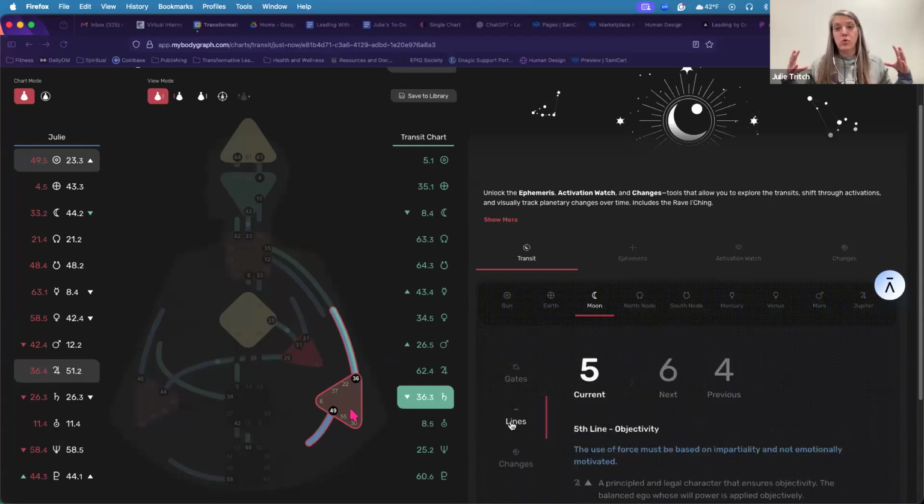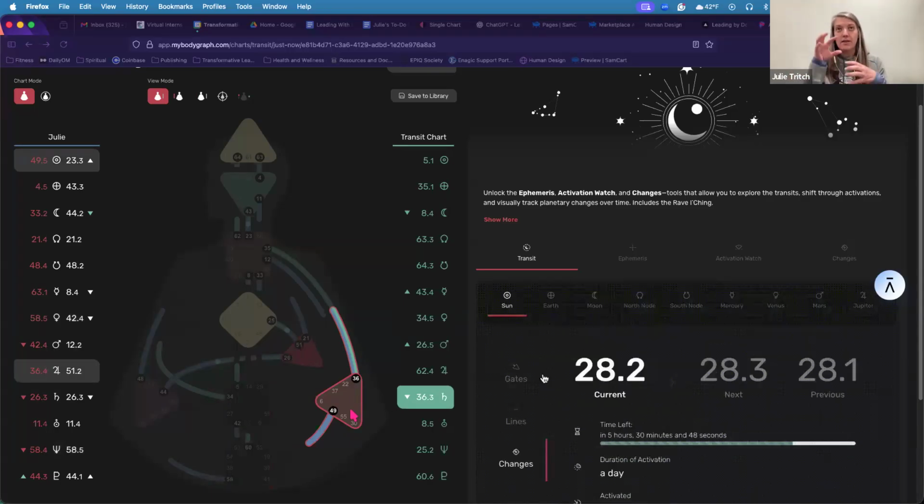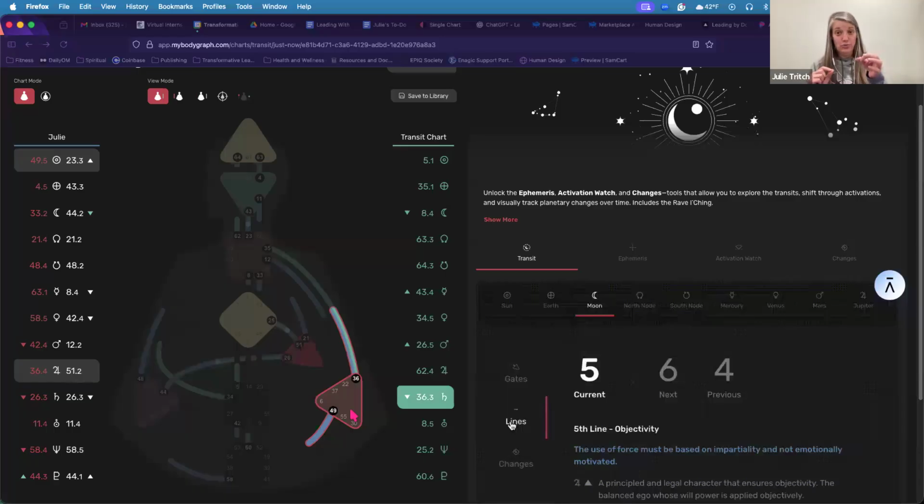You just got to be super careful, even though a center is currently defined because of the transits, if it's not normally defined in your birth chart, you need to understand how that affects you.